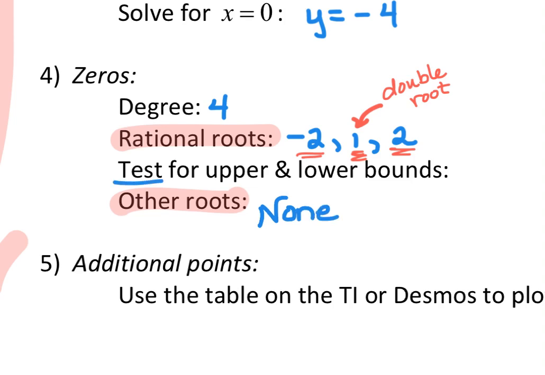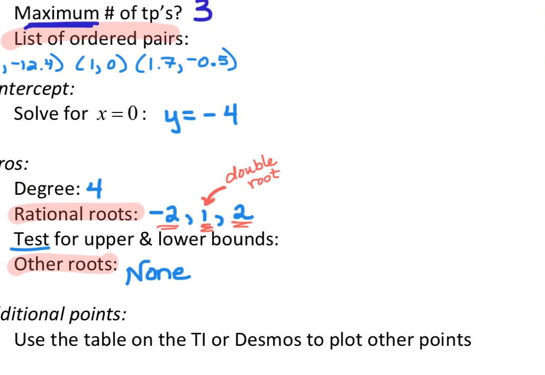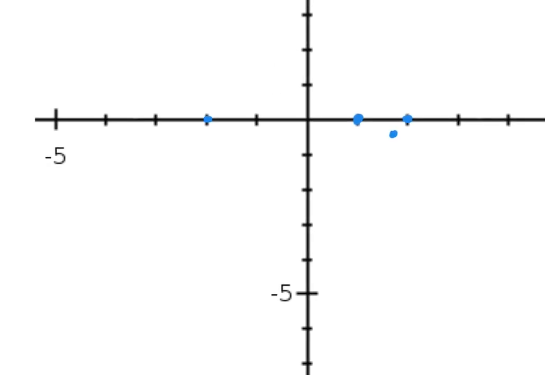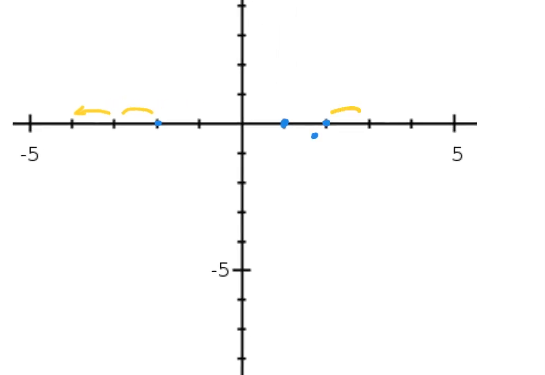But yes, I still want you to test for the upper and lower bounds. So if my roots are -2, 1, and 2, then I would step out. And when I say step out, I mean you're going to go away from the outside of what you think the graph is twice.